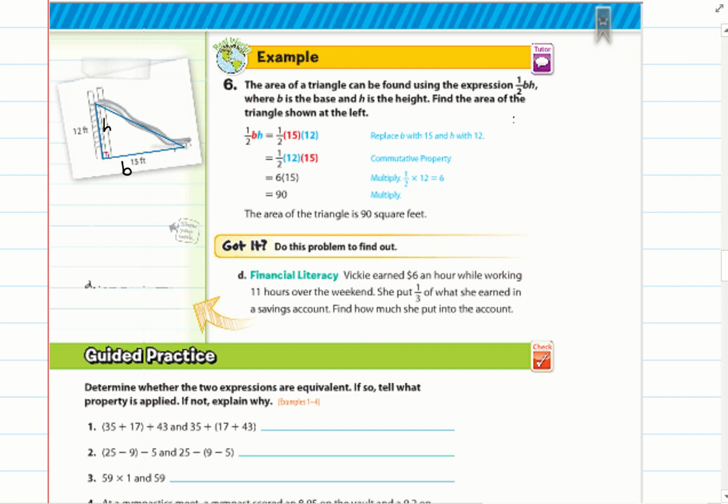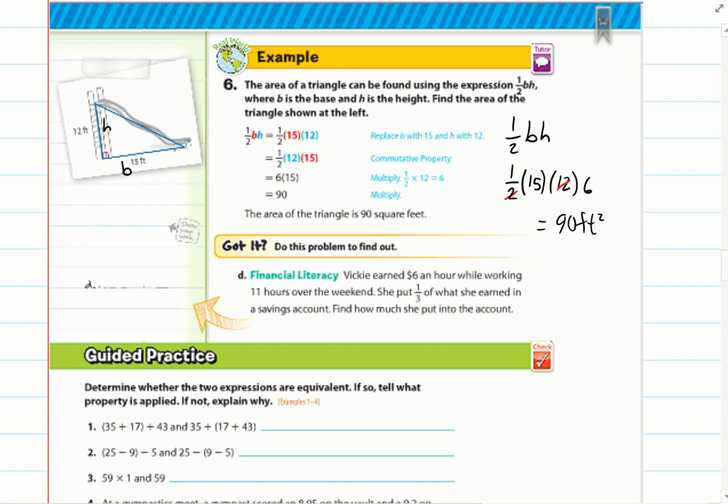So if I have 1/2 base times height, that means 1/2, my base is going to be 15, and my height is going to be 12 feet. I do know 2 and 12 can simplify, so my 12 is going to become a 6. So 15 times 6 is going to be 90. 90 square feet, or feet squared.